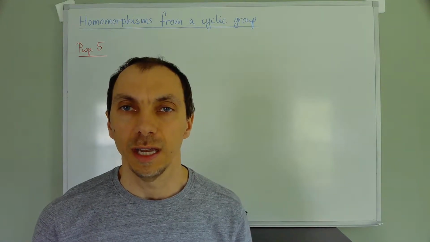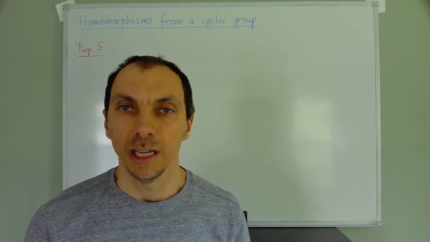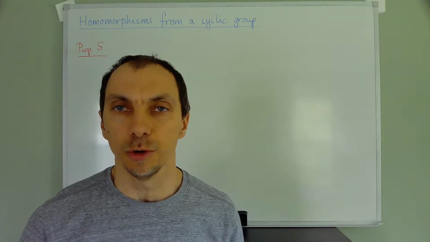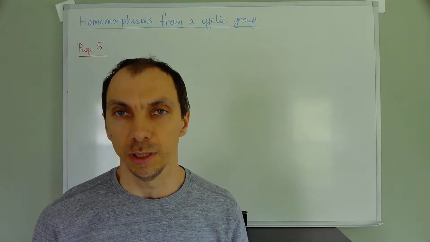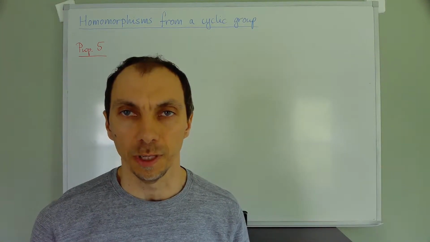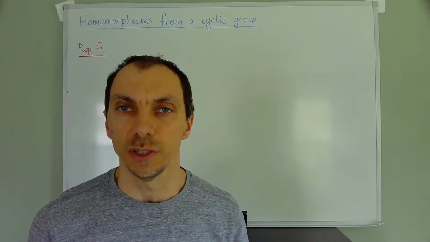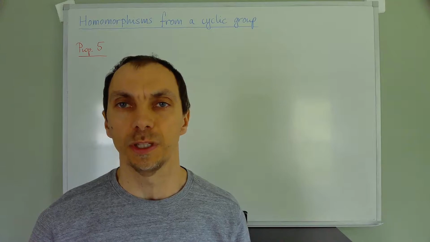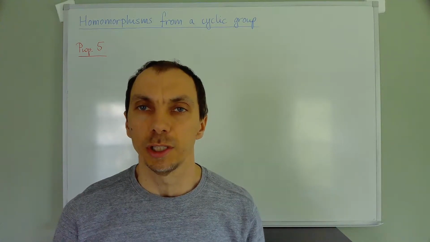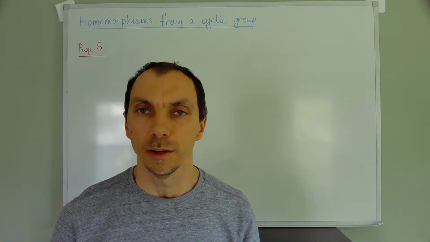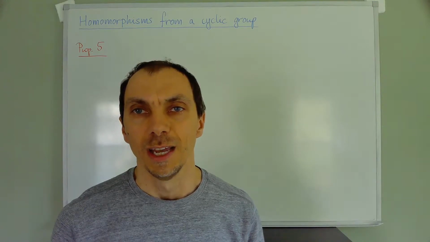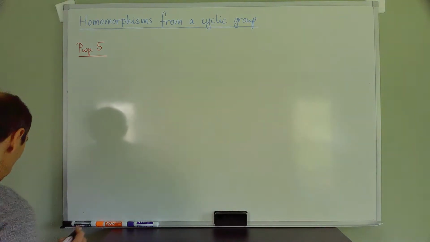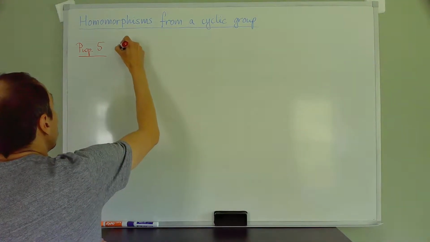So it turns out that if I tell you that I have a cyclic group of order n and another cyclic group of the same order, there's no way to distinguish between these two from the point of view of group theory, because both of them are isomorphic to Z mod nZ. And similarly, if I tell you that I have two infinite groups that are cyclic, there is no way to distinguish between them either, because both of these groups are isomorphic to Z. So that's essentially what this proposition says.